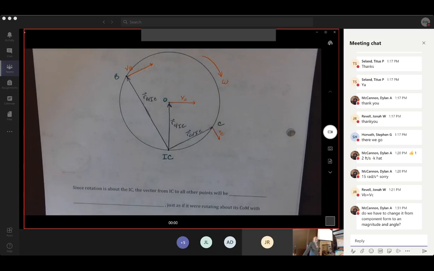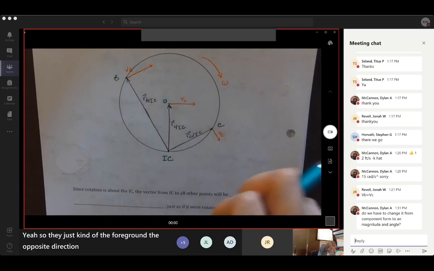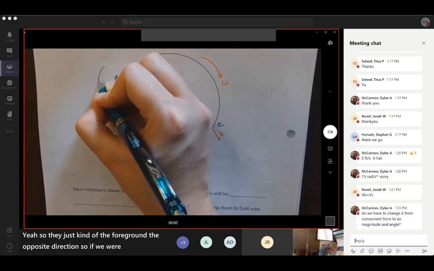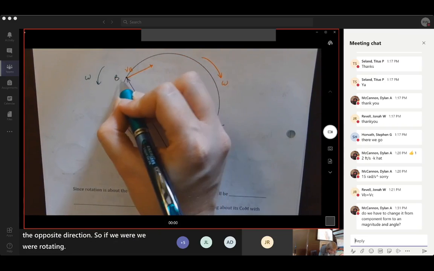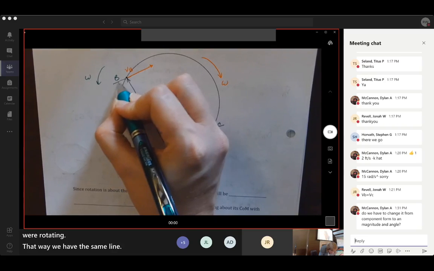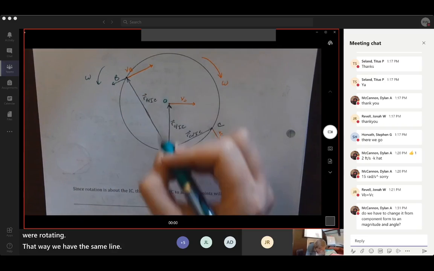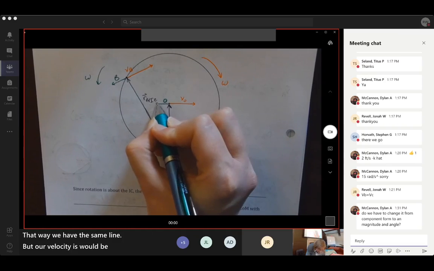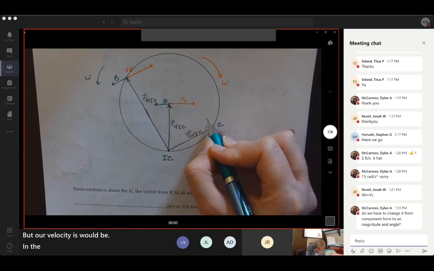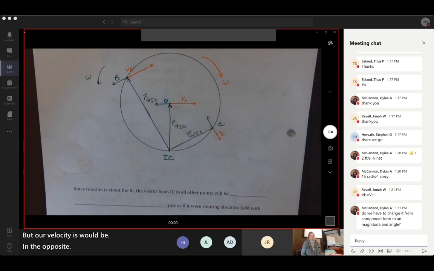Because it's in the opposite direction. Yeah, so they'd just be flipped around to the opposite direction. So if we were rotating that way, we'd have the same line, but our velocities would be in the opposite direction. Okay.